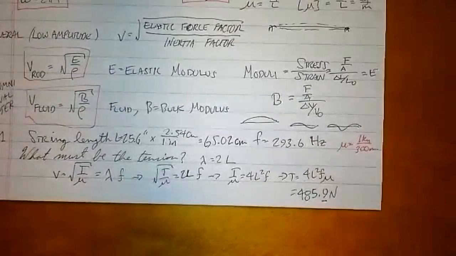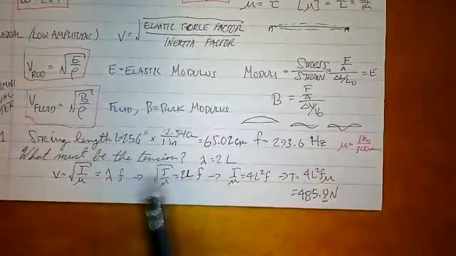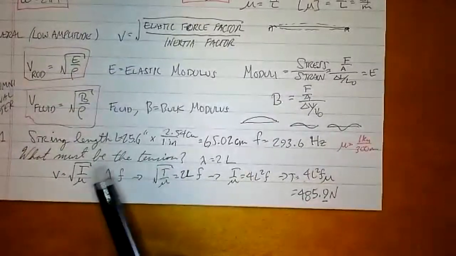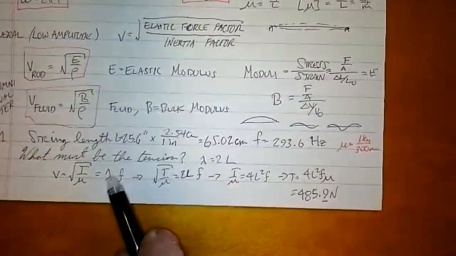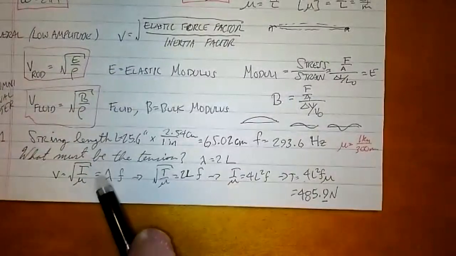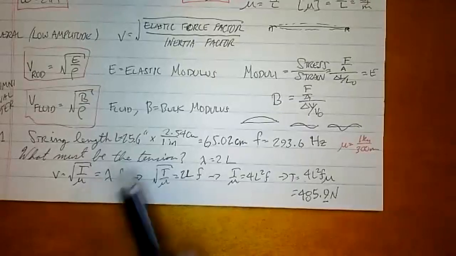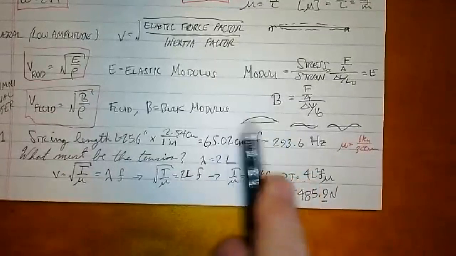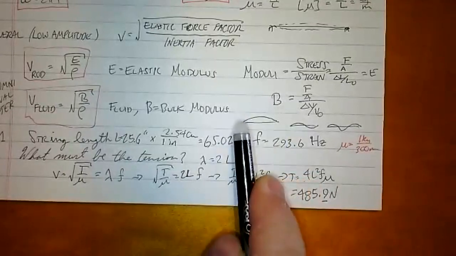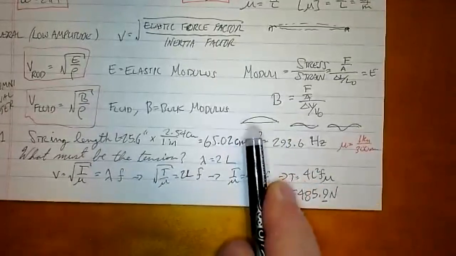You can now know, hey, if I want my string to play at a certain frequency, then I realize that the velocity has to be right, because the wavelength times the frequency is always going to be the velocity, but you've got the length of the string set. That's why you put your finger on the board at specific sites.